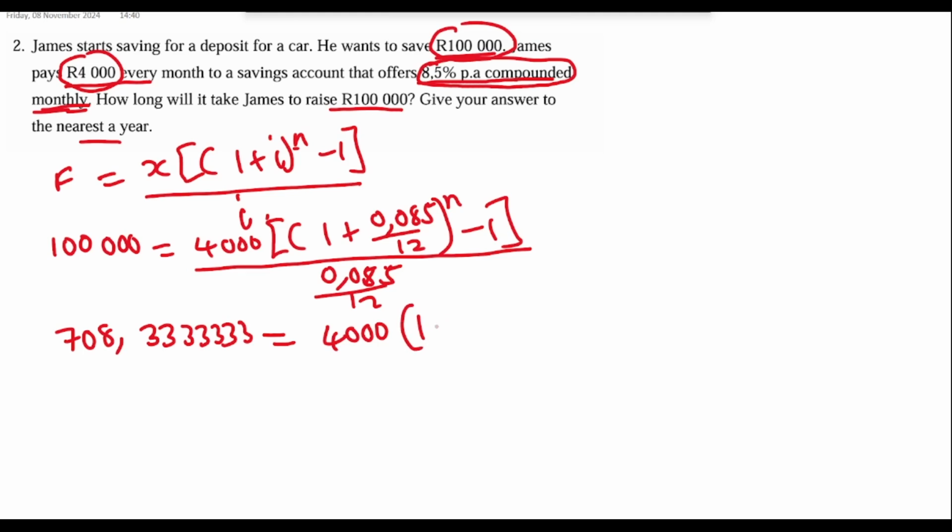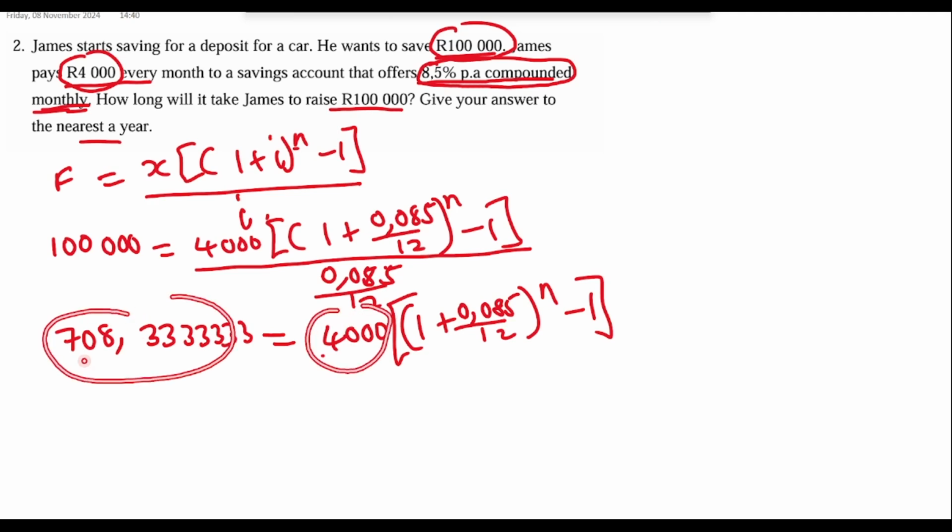times 1 plus 0.085 over 12 to the power n minus 1. Then we can divide by 4,000 on both sides of the equation. What do we get?